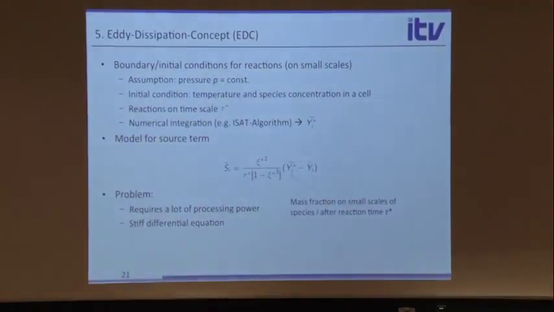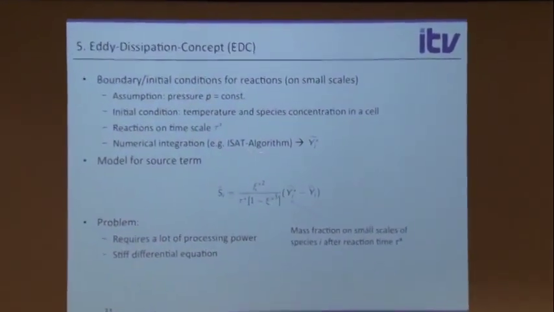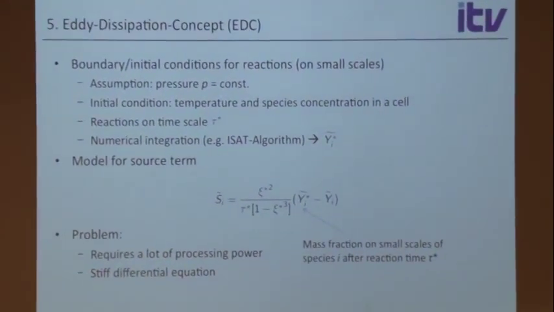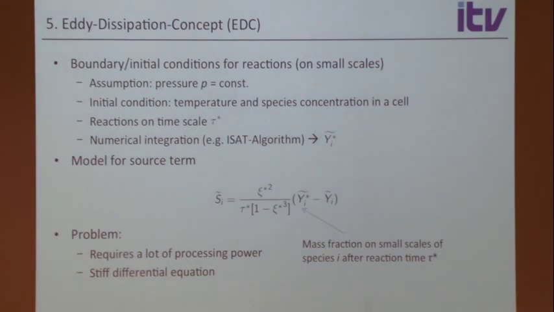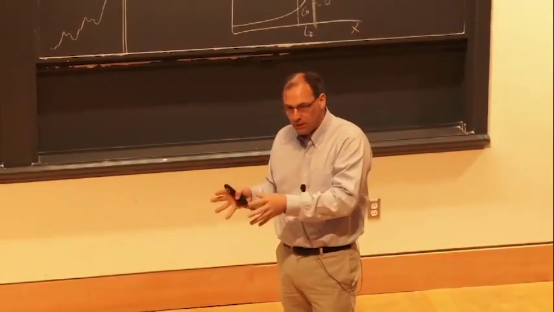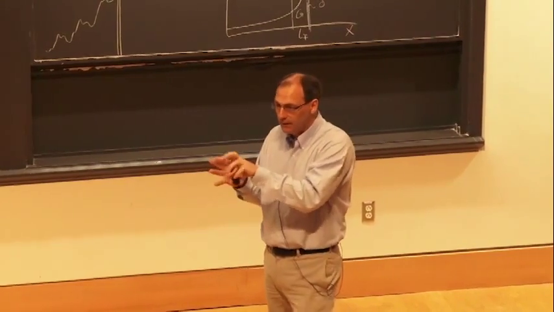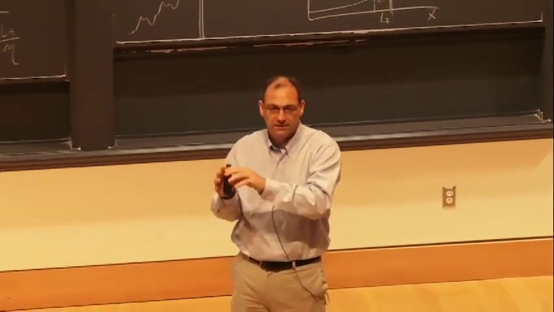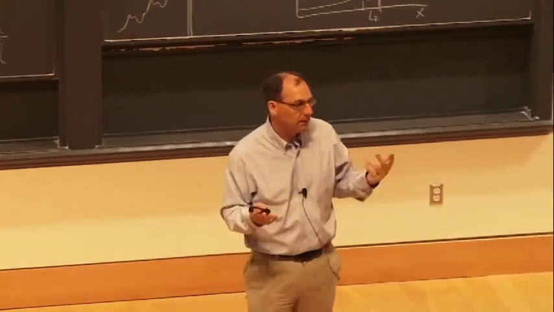There is this ISAT algorithm. This is a method that was developed by Steve Pope to speed up the integration. It's a tabulation method, basically, where before you integrate the chemical source term from time step n to n plus 1, you see what's my composition. Then you go in your ISAT table and you see, did I ever compute this composition? If yes, then you know what the result is.